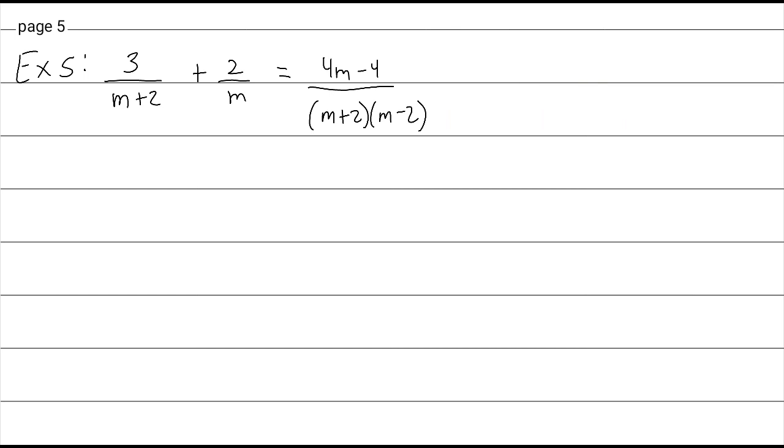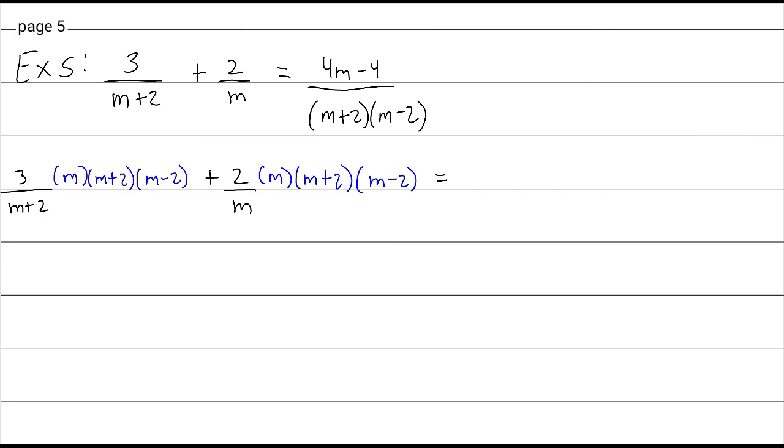If you're writing this down, this is usually hard to fit on one page. So write small or turn your paper sideways or something. Okay, so 3 over m plus 2 times m plus 2, m minus 2, plus 2 over m times m plus 2 times m minus 2 equals 4m minus 4 over m plus 2, m minus 2.